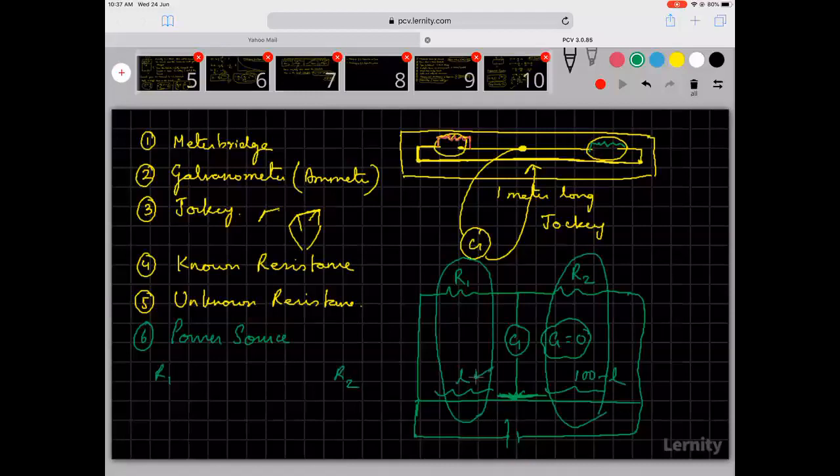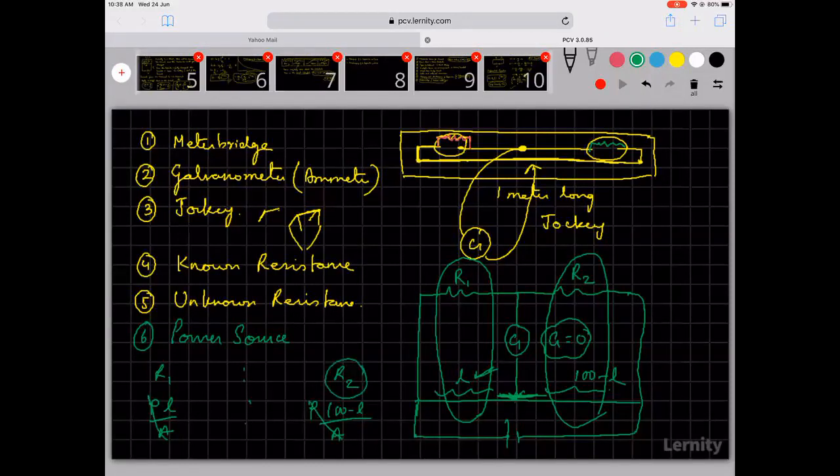This resistance will become equal to rho L by A, and this other resistance will become rho (100 minus L) by A. Now, when you find the ratio, the rho by A gets cancelled, and you can find the balance point. The balance point is what you find experimentally. Once you get the balance point, you can get the value for R2, the unknown resistor. So from there we can work it out.